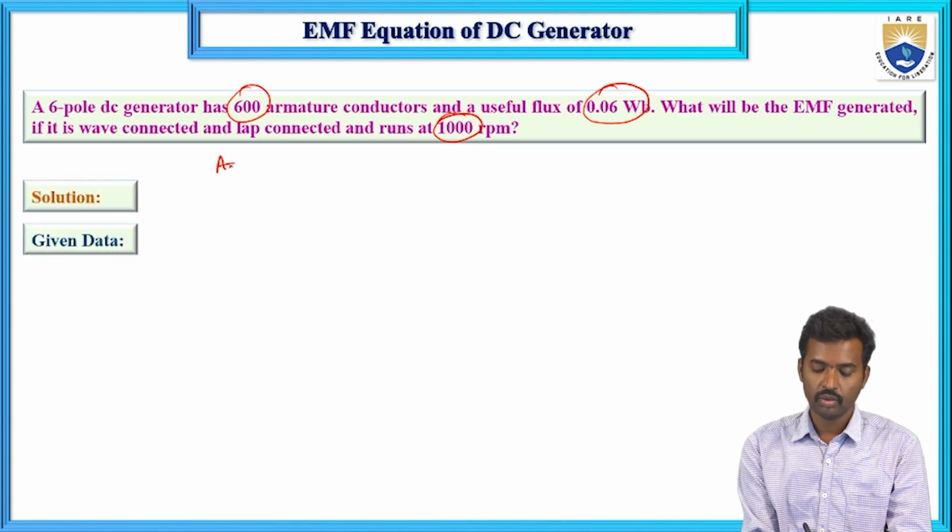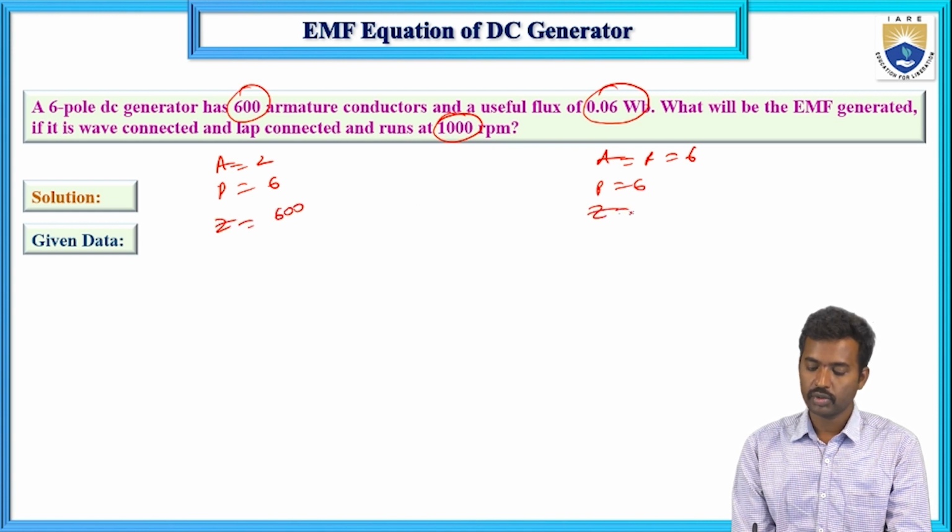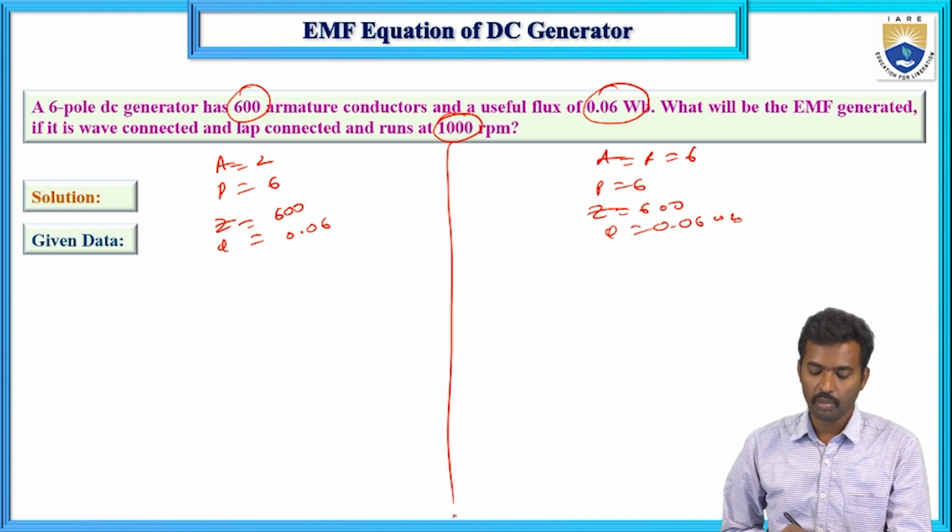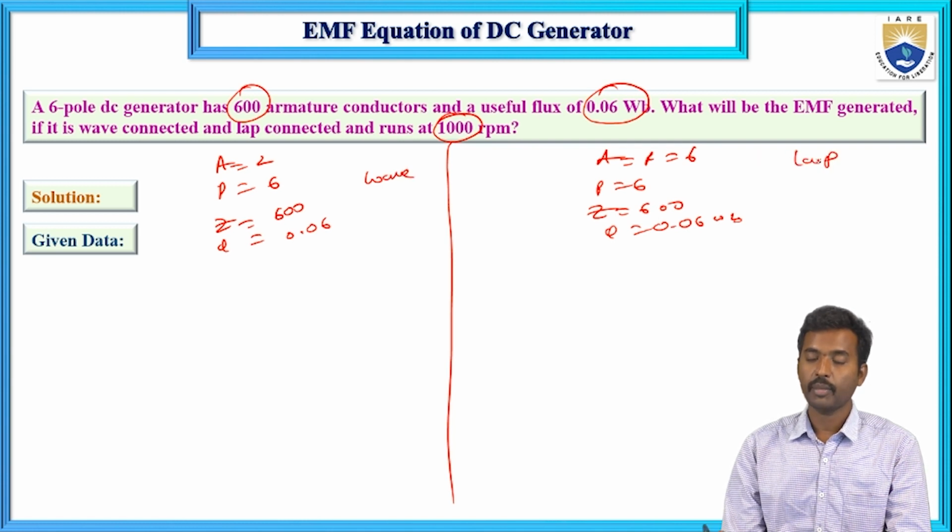Here A equals to 2 for wave, and A equals to P equals to 6 for lap. Z equals to 600, and flux equals to 0.06 Webers. This is for wave connected and this is for lap connected.